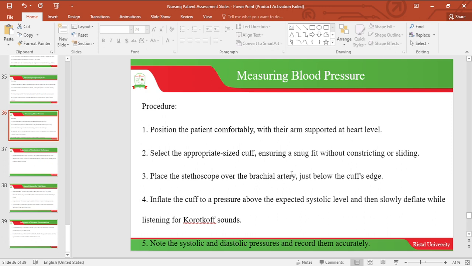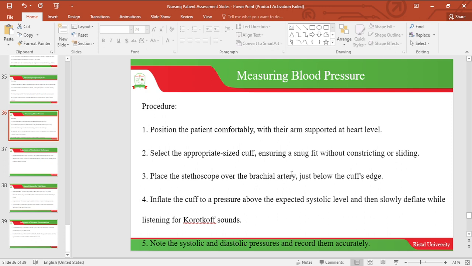Then the nurse should select the appropriate sized cuff, ensuring a snug fit without constricting or sliding. The cuff should fit snugly, it should not be very tight.